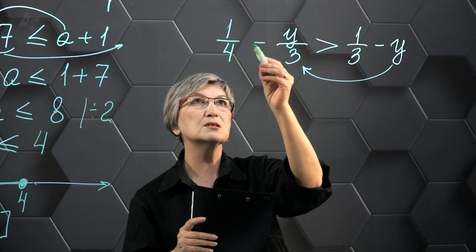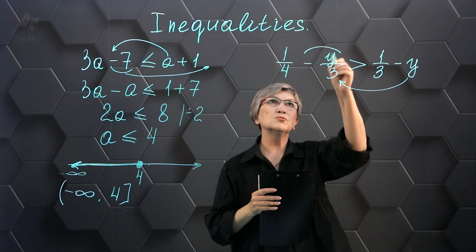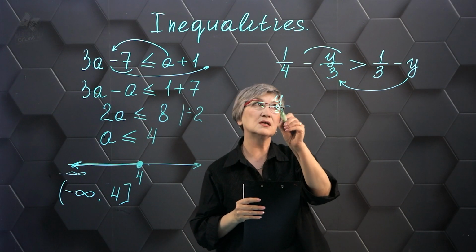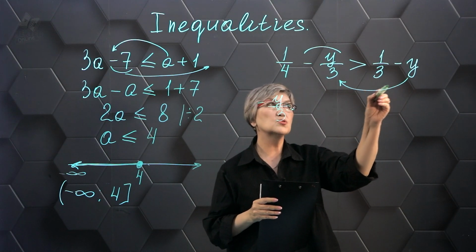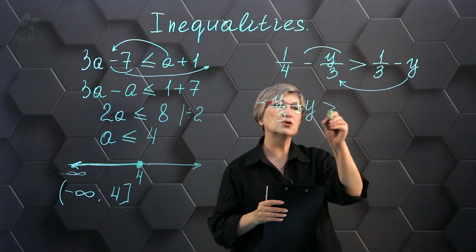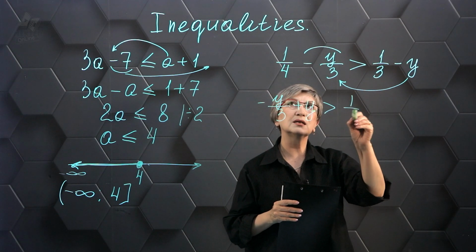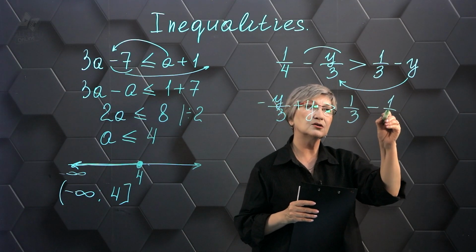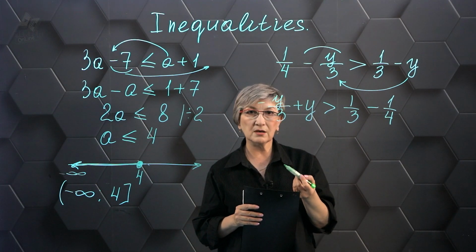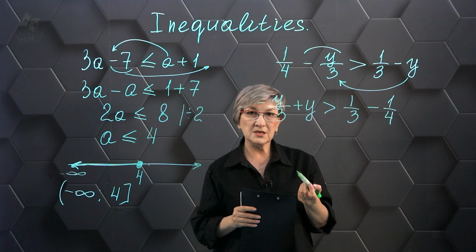In the left-hand side, I have minus y divided by 3. I move the minus y to the right side, plus y is greater than 1/3 minus 1/4. The result is an inequality like this. We're working with fractional numbers.